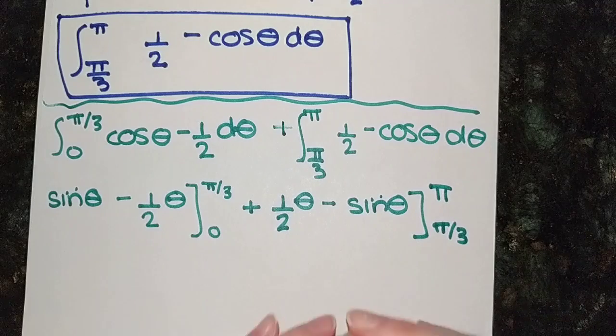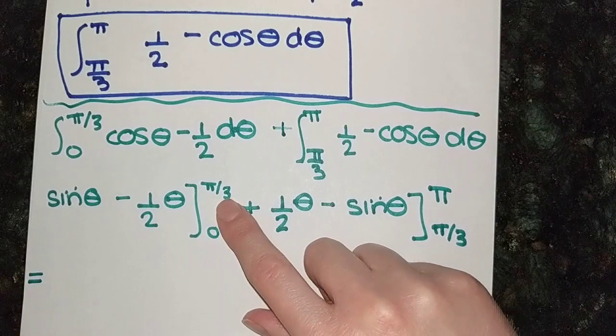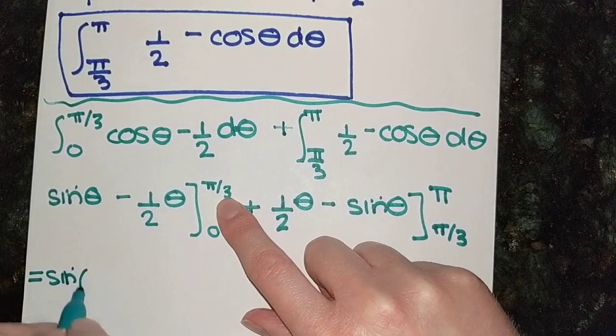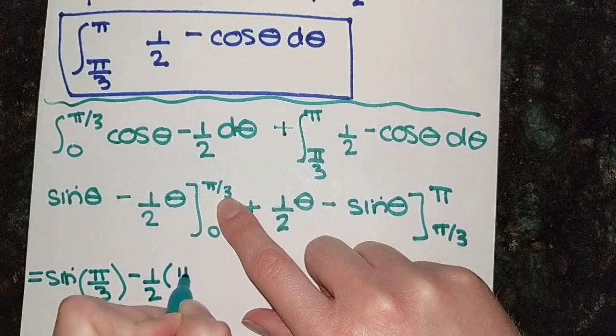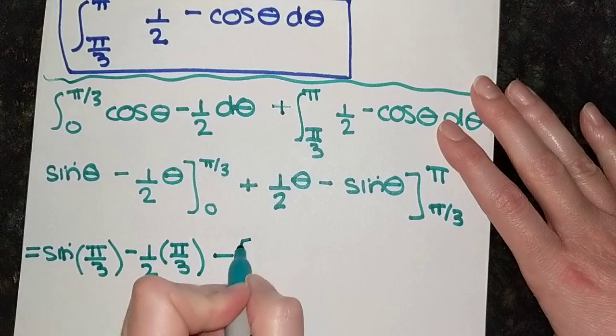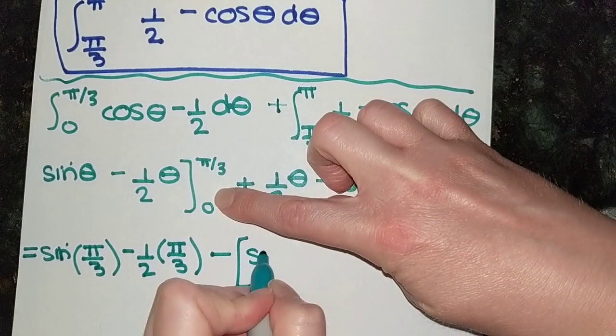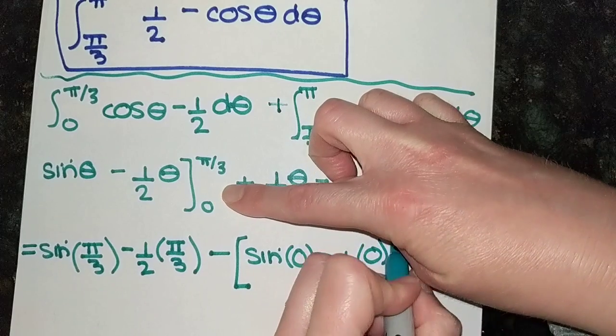However, it might be better to just treat it as one big interval and one big integral where you first plug in the pi over 3, minus sine of pi over 3. Okay, so that's my upper bound plugged in, minus the lower bound plugged in, sine of 0 minus 1/2 times 0.